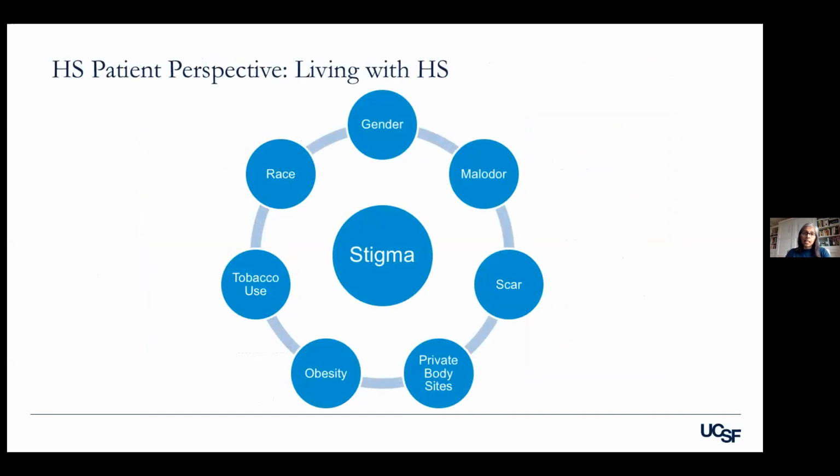HS patients, in addition to being unseen and having all these issues with their quality of life impacted, also experience significant stigma related to their disease in multifaceted ways, including stigma due to their demographics, their race and their gender, as well as the nature of their disease, because it affects private body sites, it's malodorous, it's disfiguring, and also stigma due to modifiable risk factors associated with HS, including obesity and tobacco.